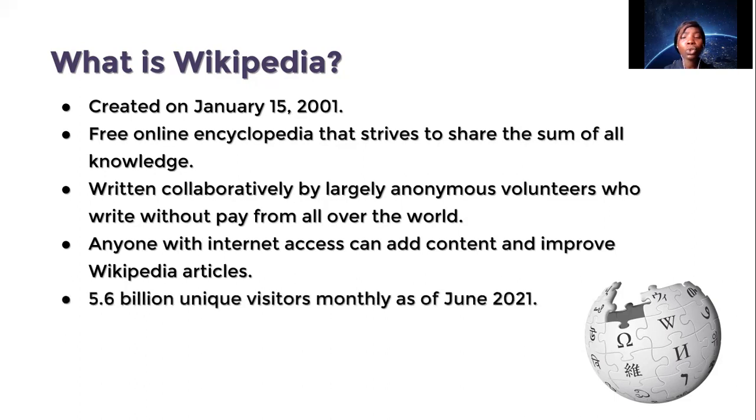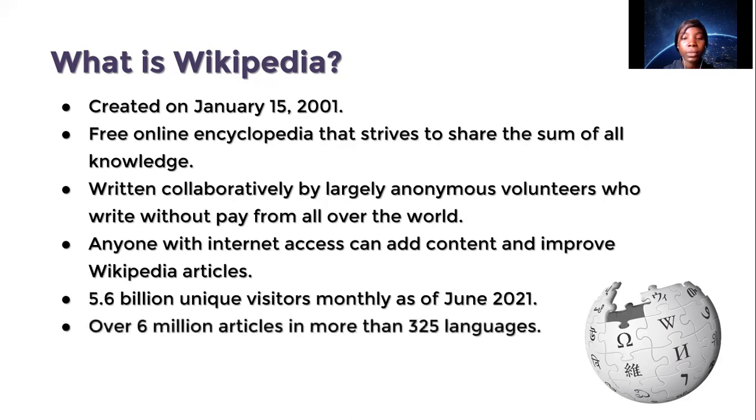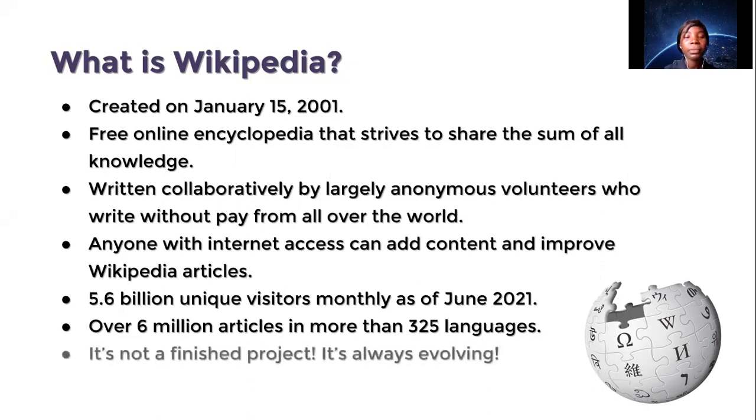As at June 2021, we had 5.6 billion unique visitors monthly who have accessed Wikipedia one way or the other to search for information. Over 6 million articles in more than 365 languages are available on Wikipedia. It's not a finished project, it's always evolving.